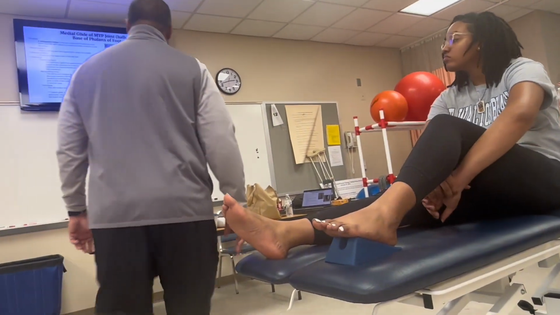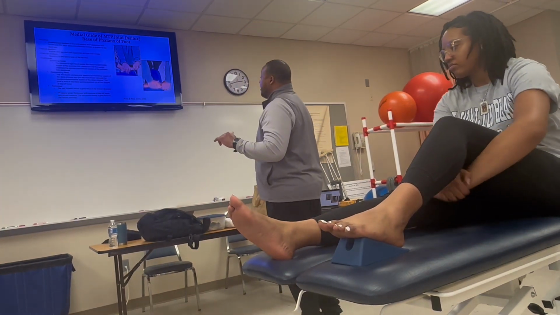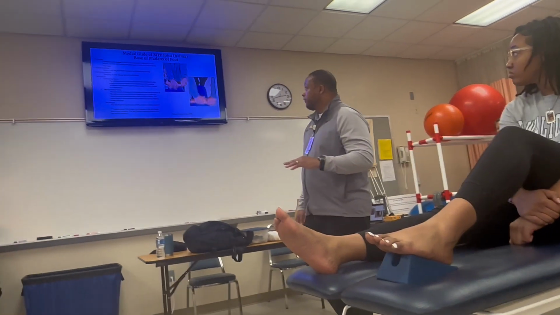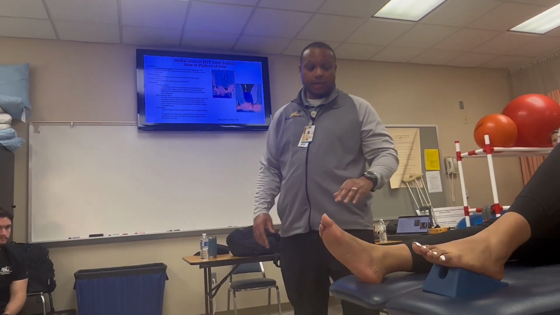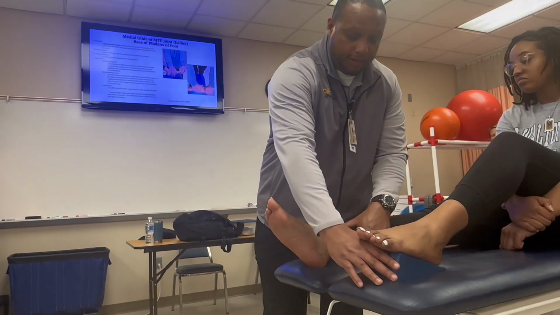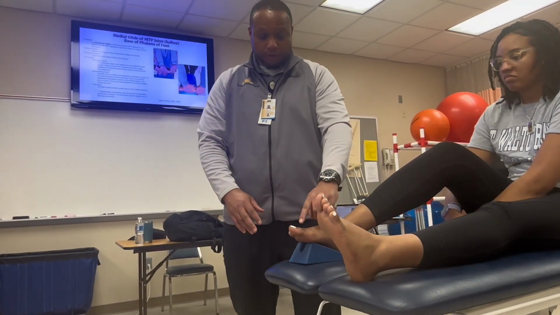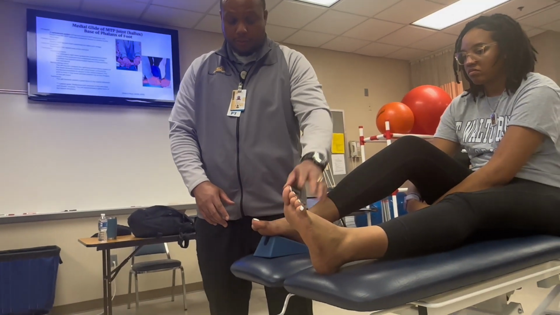And then, for adduction, if I do the fourth and fifth and I move medial. So if I come back here, I just want you to visualize this. For the first and second, relative to the third digit, medial would be abduction.